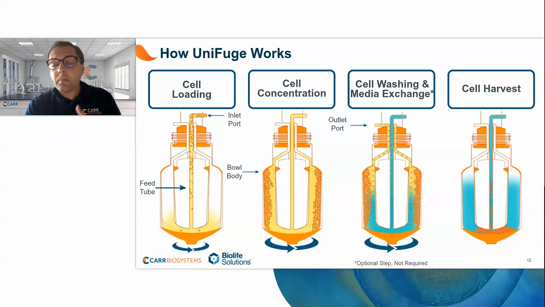If the developer or user is looking to do any washing or media exchange with a secondary buffer, that buffer is fed in through the blue line through the same inlet port, allowing the cell pellet to be mixed and resuspended prior to discharge at the very end. At the end, the bowl stops spinning, and you can harvest your cells for further downstream operations in the final elution media that you desire.